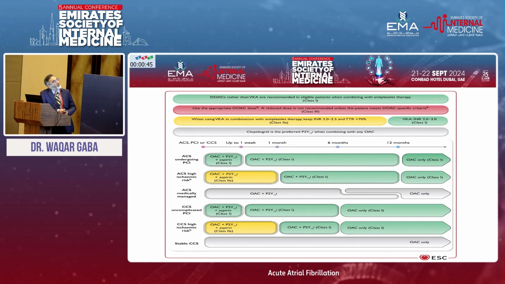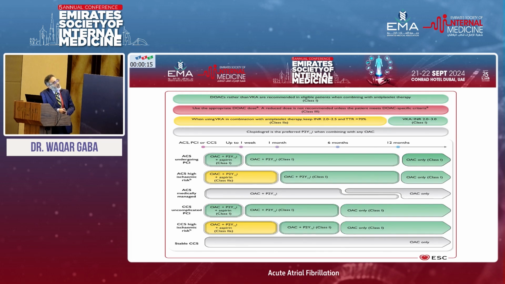The next thing, very important here, is that clopidogrel is the preferred antiplatelet when combining with any oral anticoagulant. Aspirin is not a good one. If you are going to combine anything, it has to be clopidogrel. And these are the guidelines for ACS undergoing PCI, high ischemic risk, ACS medically managed, uncomplicated chronic coronary syndrome, high ischemic risk, and stable coronary syndrome.